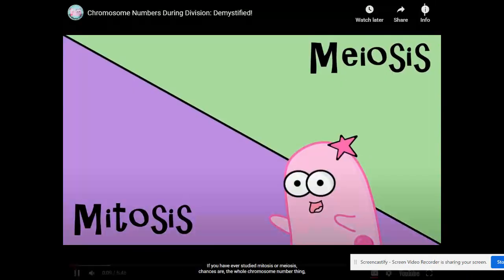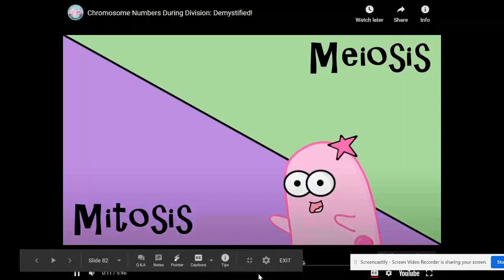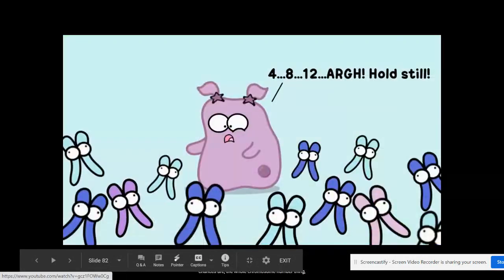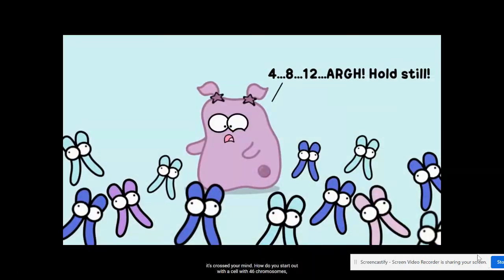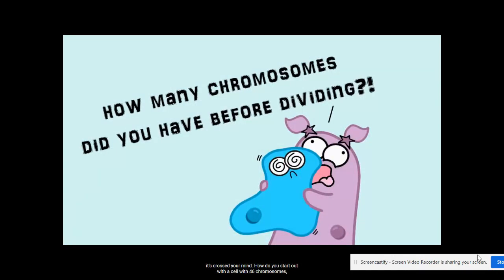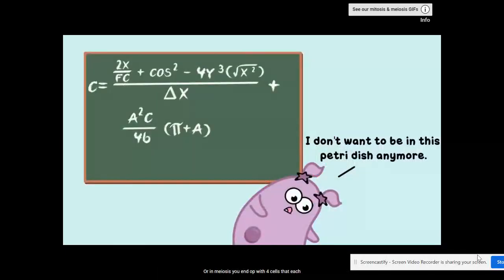If you've ever studied mitosis or meiosis, chances are the whole chromosome number thing has crossed your mind. I mean, how do you start out with a cell that has 46 chromosomes, and then it does mitosis, and then you end with two cells that each have 46 chromosomes? Or in meiosis, you end up with 4 cells that each have 23 chromosomes.